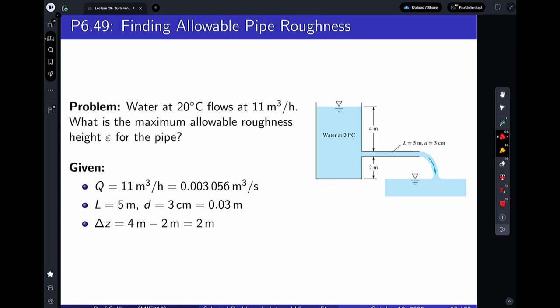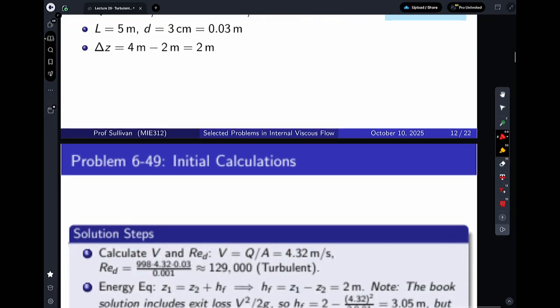So Q is given, you get a diameter of 3 centimeters, so you convert that to meters. The height difference is 2 meters from the jet nozzle, or the exit over here, so 1 to 2 to 3, and you're asked to find the maximum allowable roughness.